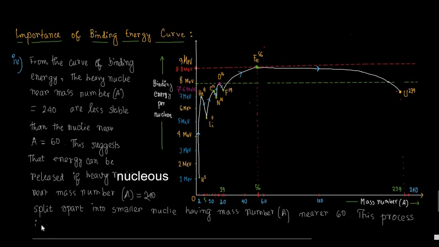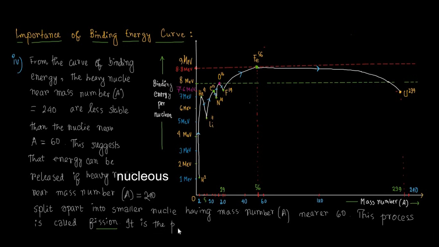This process is called nuclear fission, in which energy will be released if a heavy nucleus of mass number nearer 240 splits into smaller nuclei.